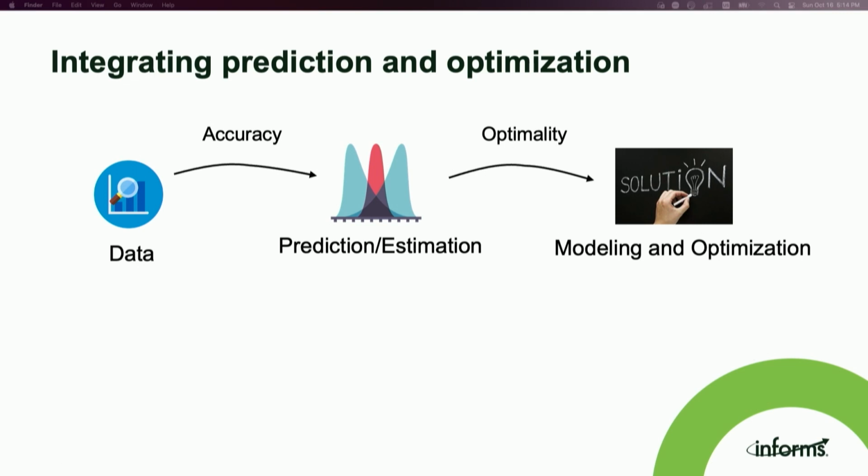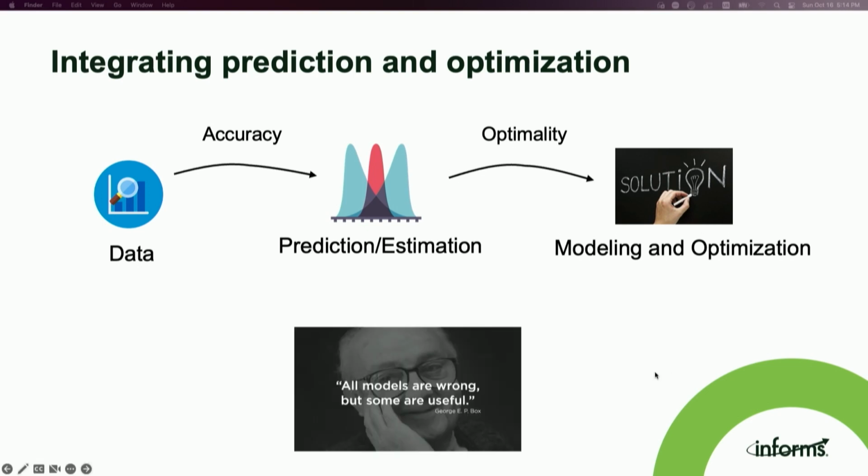Ideally, if we could produce a perfect prediction model, then it should be okay. However, life is not that easy. As the famous quote from George Box states, all models are wrong. The prediction is always wrong and it will never be perfect.